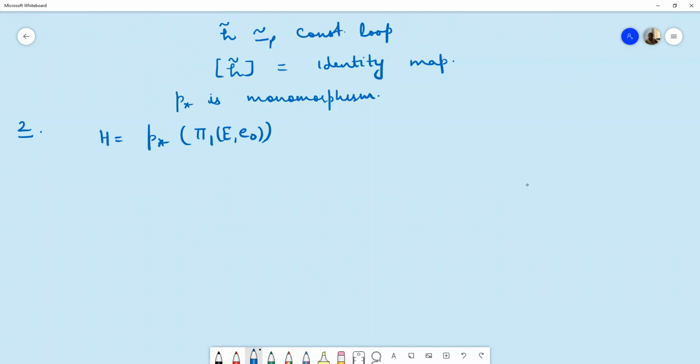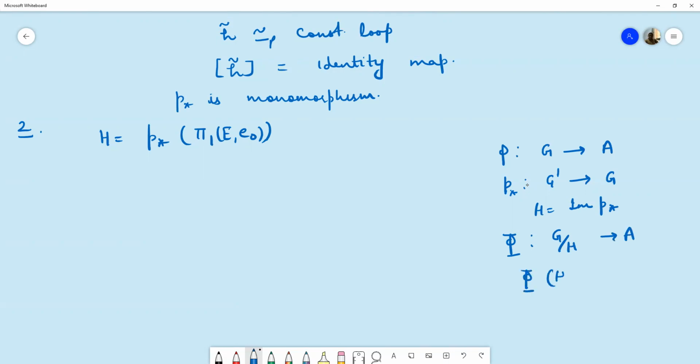Because in group theory, if we have a mapping, say phi from a group G to, let us say, group A, and we have another mapping, let us say P star, which is a monomorphism from group, let us say G dash, to G, such that H is the image of P star, then this phi induces a homomorphism, capital Phi, from G by H to A, which is defined by capital Phi of Hg given by phi of g.